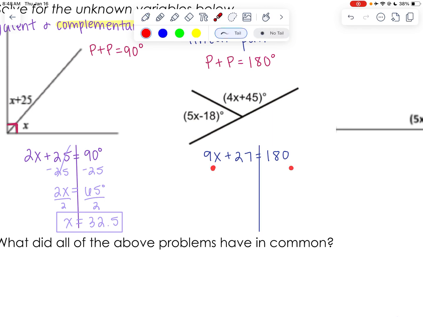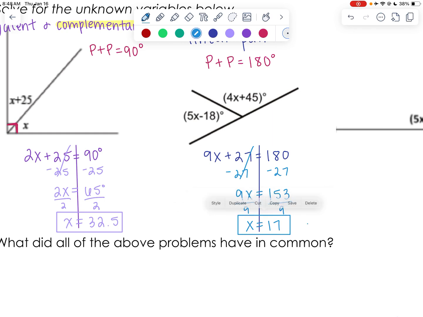Notice I don't have variables on both sides, so I'm just trying to get x by itself. So I'm going to subtract 27, which leaves me with 180 minus 27 is 153. And then I'm going to divide both sides by 9. So x is going to equal 17.